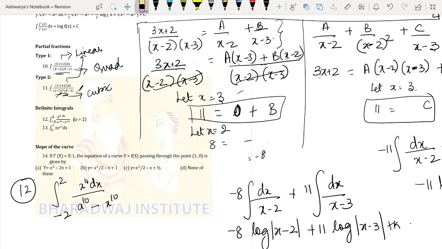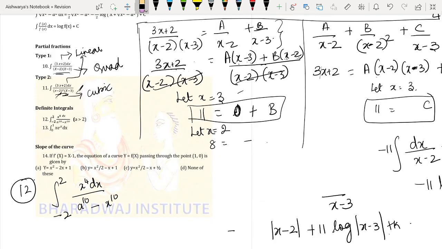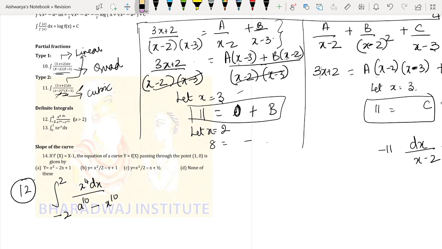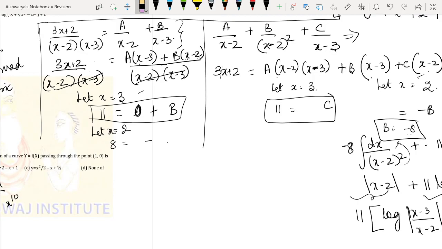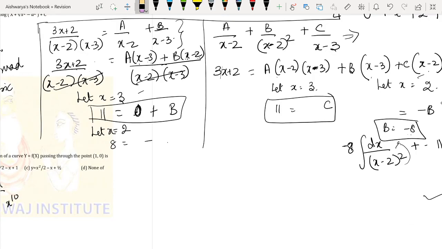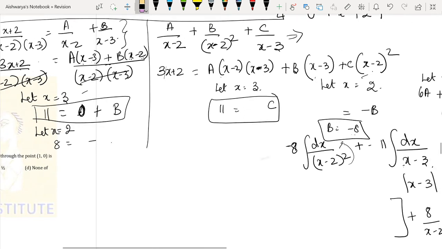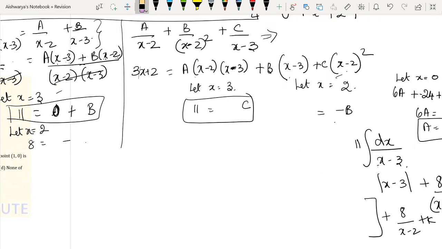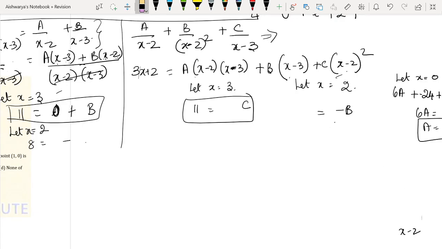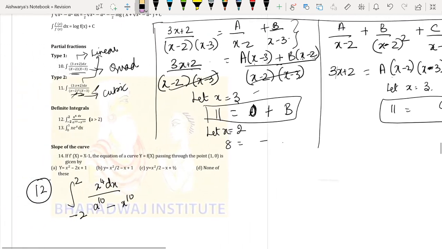Let's erase a little bit so that we have some space to solve it. Okay, so this will be nothing but integral from minus 2 to 2.